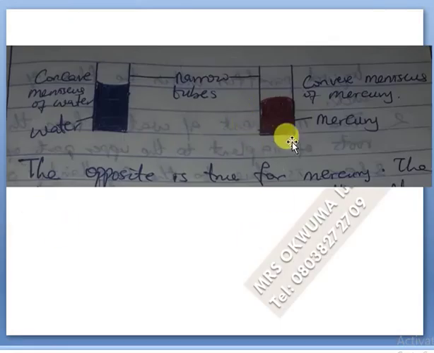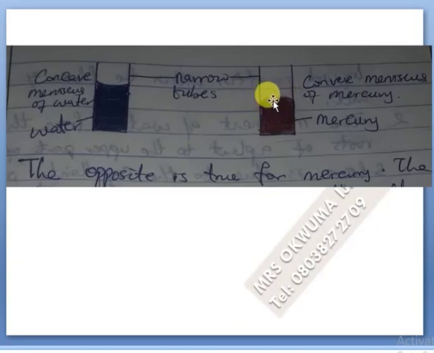Now you can see mercury in a container. When mercury clings to the walls of this container, you find that there is a depression in the mercury level. And therefore, mercury forms what we call a convex meniscus. You can see the diagram, how the curve looks.